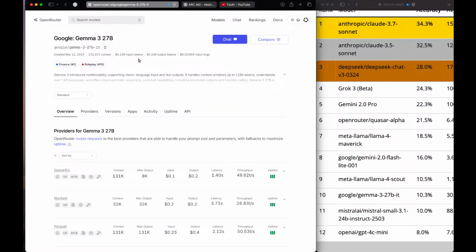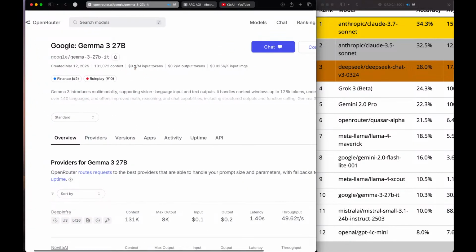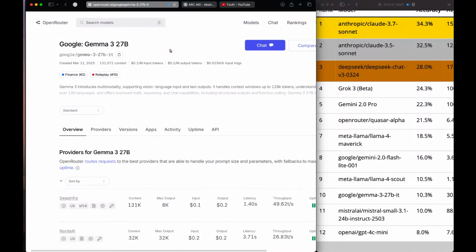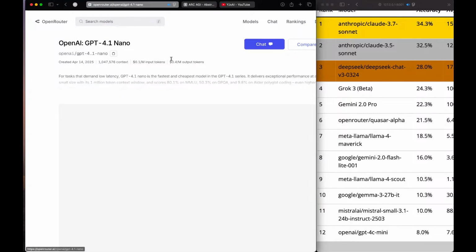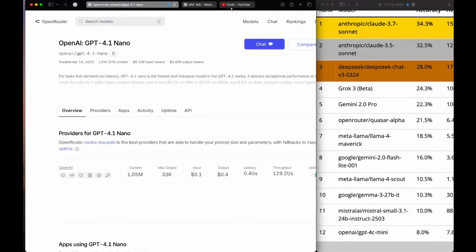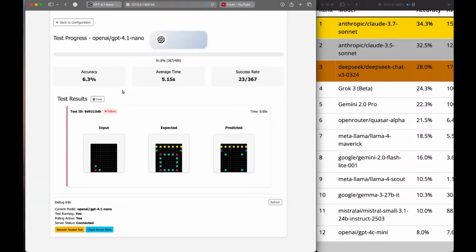Oh my god, it's even cheaper than Mistral. It's $0.1 per million input tokens and $0.2 per million output tokens. So when it comes to output tokens, GPT 4.1 Nano is twice that. Let me show GPT 4.1 Nano, $0.4. Okay, so compared to all three, it is pricier.